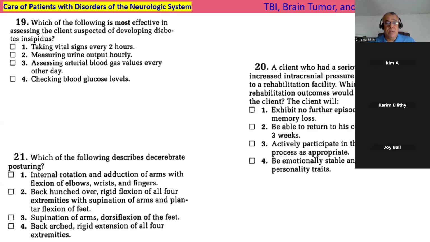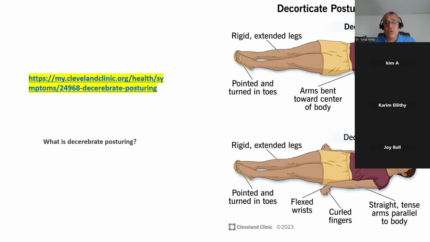21. Which of the following describes decerebrate posturing? Remember that decerebrate and decorticate posturing are two different positions. The top one is decorticate, which is the inward contractures. Decerebrate posturing is the external contractures, inward and outwards, like internal and external.